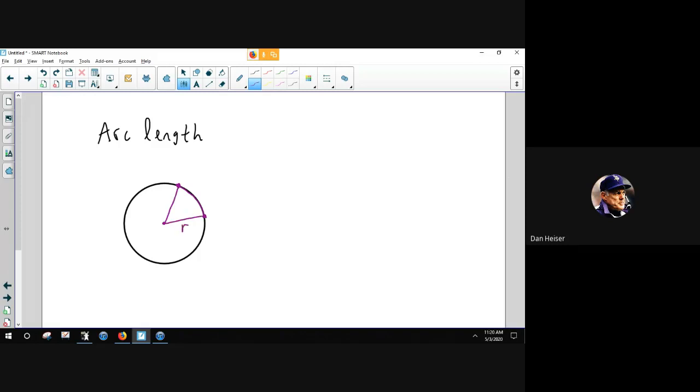So if I have a radius and I have an angle, let's call the angle x, I have this S. S stands for arc length. There is a way to determine the length of this arc. So instead of going all the way around the circle, maybe we only want to go this distance. So how do we find that distance? Well, the distance is simply a fraction of the circumference.